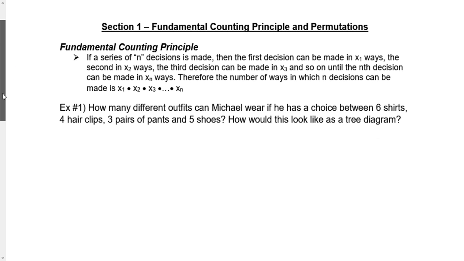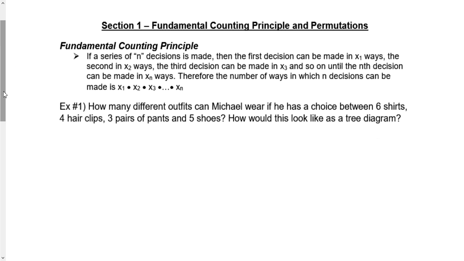So the first thing that we're going to talk about is the fundamental counting principle in permutations. The fundamental counting principle is basically just a way of dealing with permutations. It's just a special kind of permutation. The counting principle goes that if a series of n decisions have to be made, the first decision could be made x1 ways, the second x2, the third x3, all the way to the nth decision.